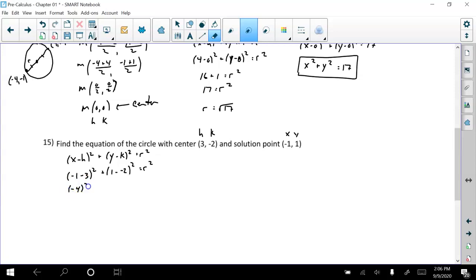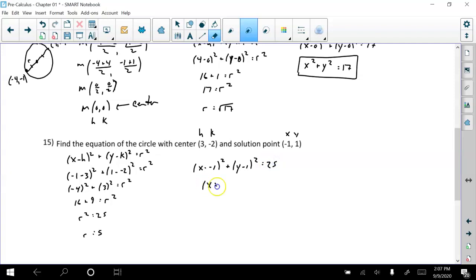Negative 4 squared plus 3 squared equals r squared. 16 plus 9 equals r squared. R squared equals 25, so the radius is 5. So we have our equation x minus negative 1 squared plus y minus 1 squared equals, and r squared was 25.